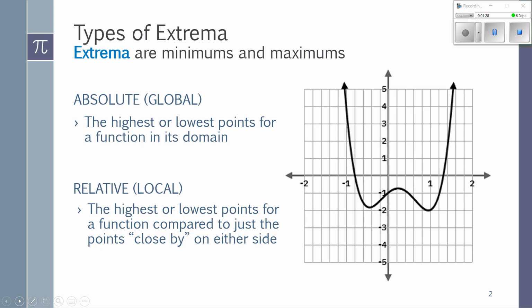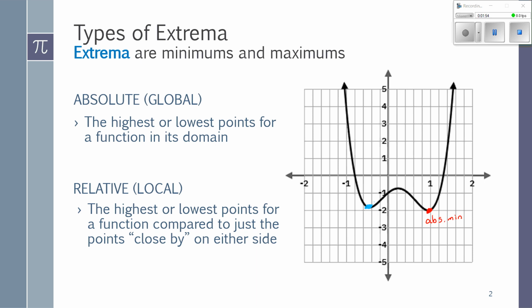So here I have a graph of a function. I see that the absolute minimum is here at x equals 1, because that is the lowest point in the entire domain of this function. But there's another point here that looks like a minimum, but it's not the absolute minimum.